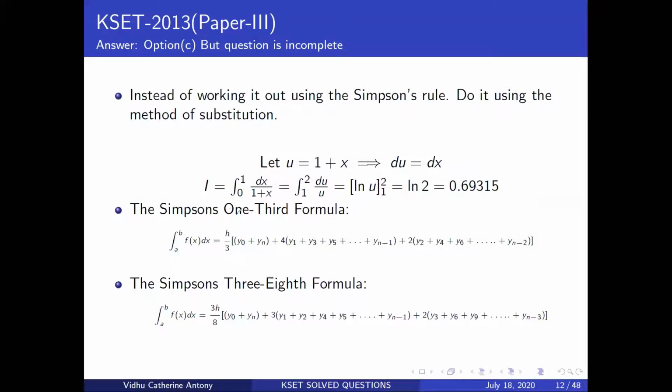You have Simpson's 1/3 formula, h divided by 3. You take the first one and the last one and write them there without multiplying anything with them. Then you take the set of odd ones and multiply them with 4, and the set of even ones and multiply them with 2. Now in Simpson's 3/8 formula, the 3/8 is already there in this.